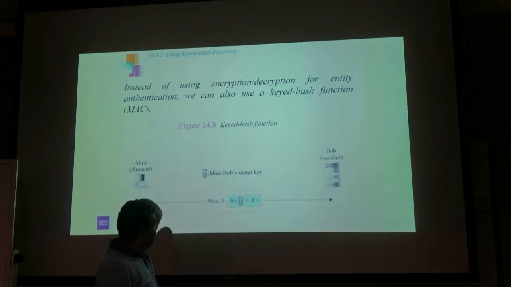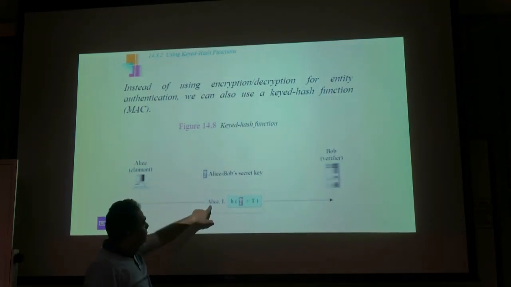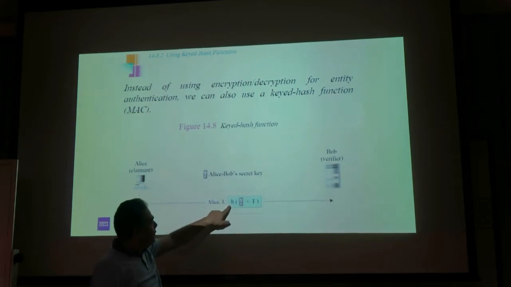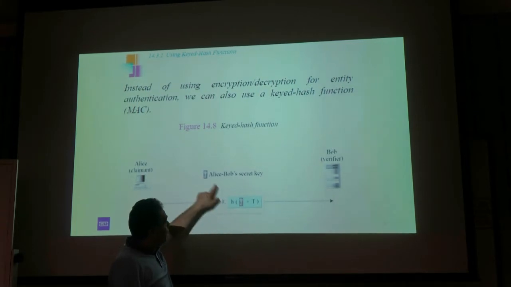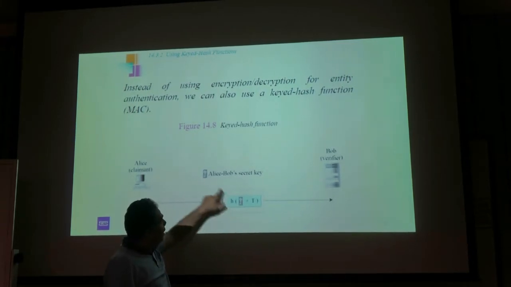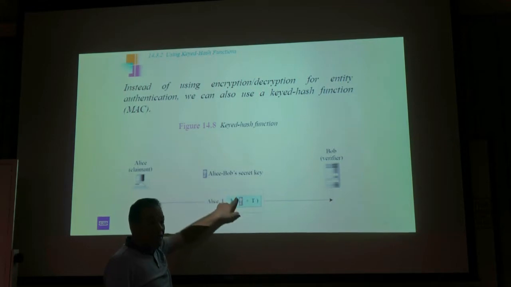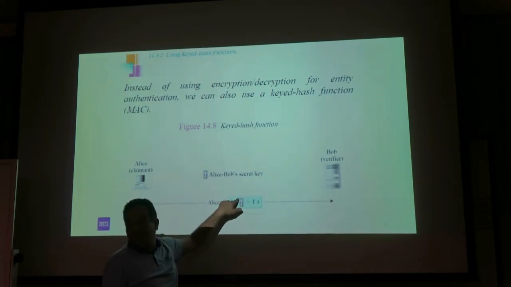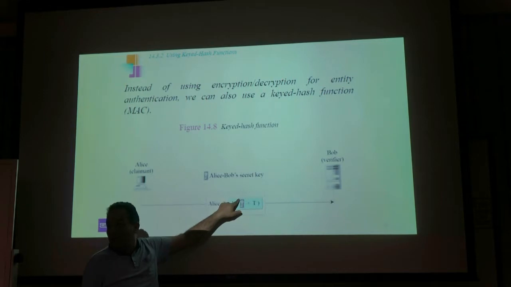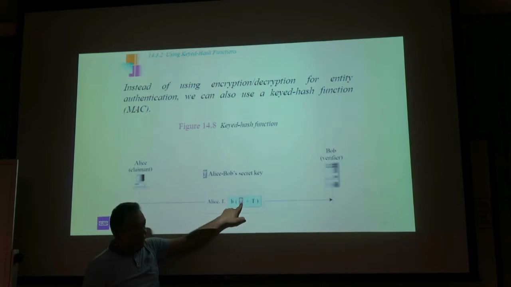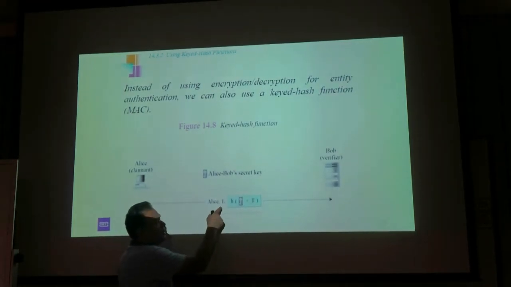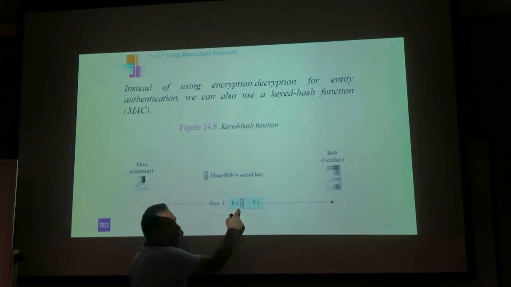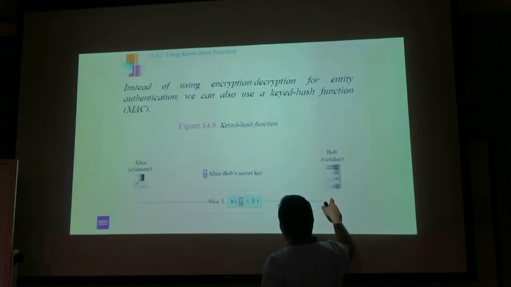Alice sends the timestamp and then attaches the shared key. Am I sending the key? No, what I'm sending is the hash, which is a digest. I put the key with the timestamp and hash them. So I'm sending Alice, T, with the hash. Now Bob will receive it. What does it do?